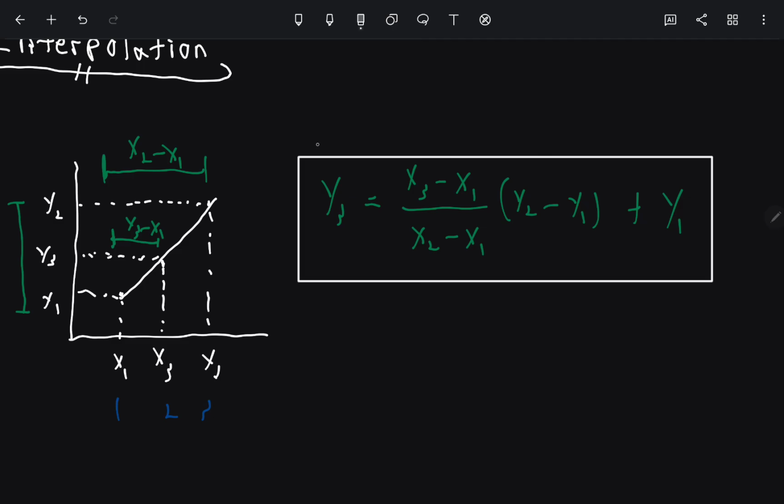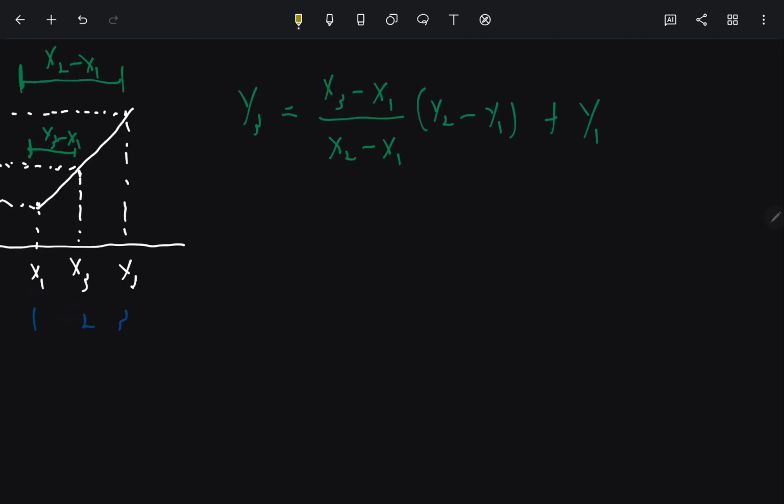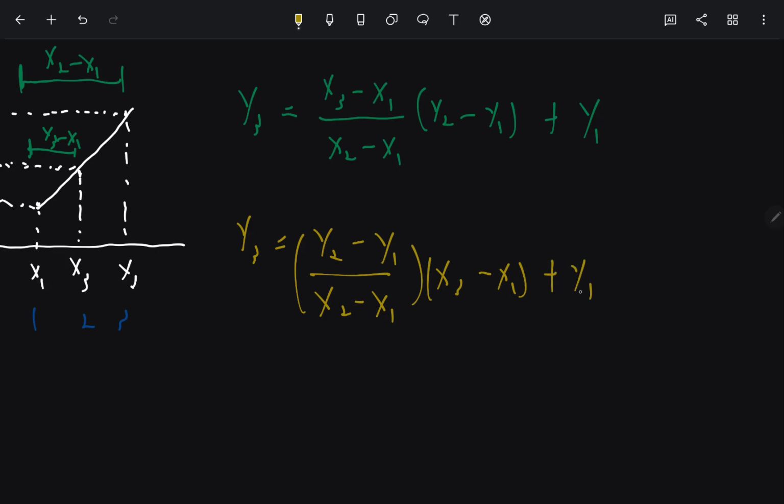If you really wanted to, you can rearrange this in terms of slope. So we say now y3 is the slope, y2 minus y1 over x2 minus x1, times x3 minus x1, plus y1. And this is just the definition of slope.